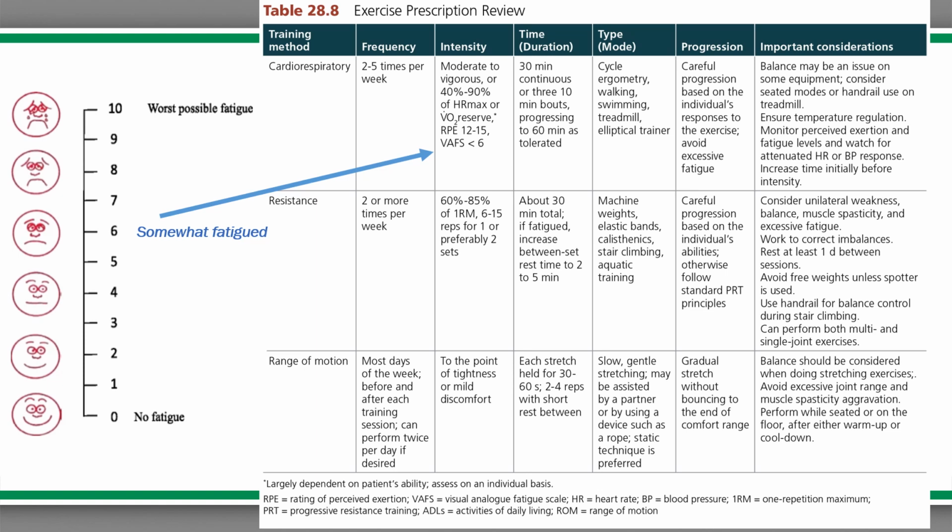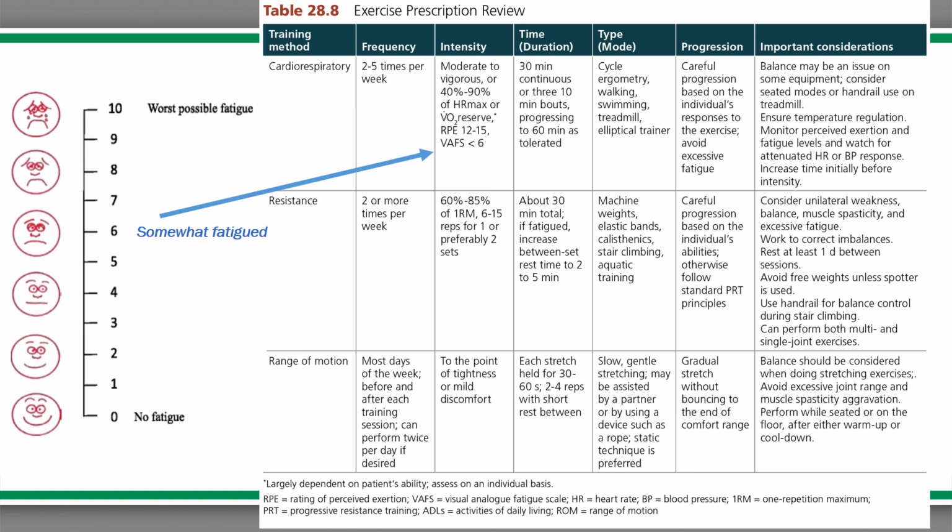It's a scale of 0 to 10. You will want to keep somebody at a scale of no more than 6 because they're going to fatigue earlier. This 40 to 90% of heart rate max is really quite elevated. You're going to, of course, use that higher value as a target.